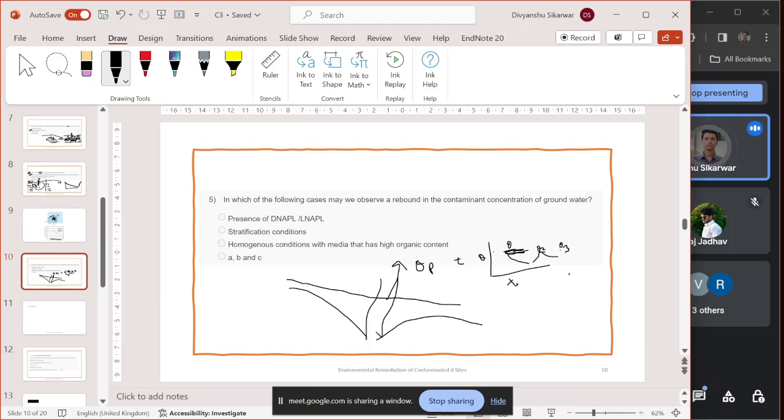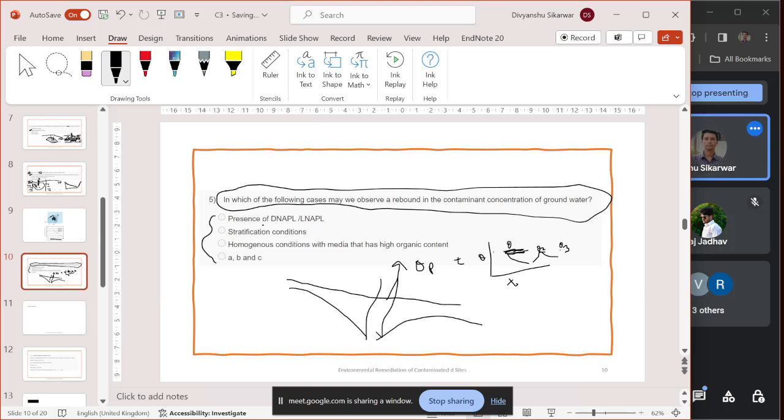So what is the reason for the reappearance of that contaminant? This question is asking basically that once we run a well for 1 year, we were able to remove a significant amount of contaminant, but again that contaminant reappeared. So what could be the possible reasons for that reappearance? We have these options, like presence of DNAPL or LNAPL.